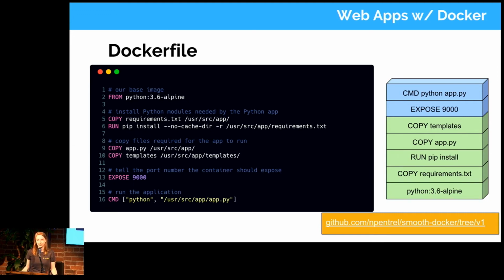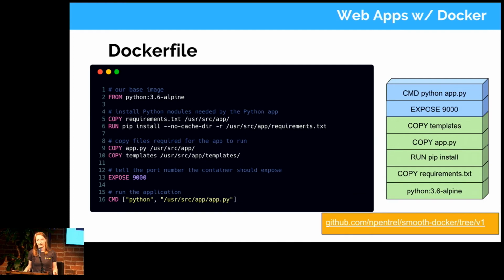Then in the next bit, we install Python modules by first copying over the requirements file into the app directory, and then running pip install --no-cache-dir -r and then the requirements.txt file. Next up, we copy over the remaining app files, then we expose port 9000, that is the one you've been specifying before, and then you specify the command that you want to be run when you run this container.